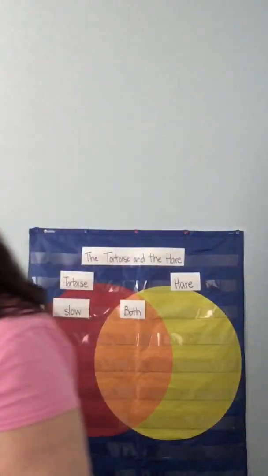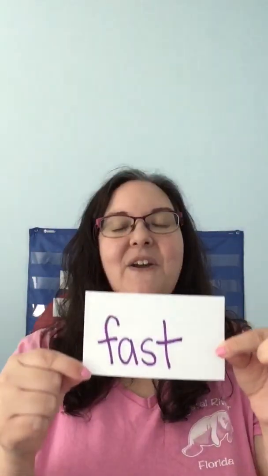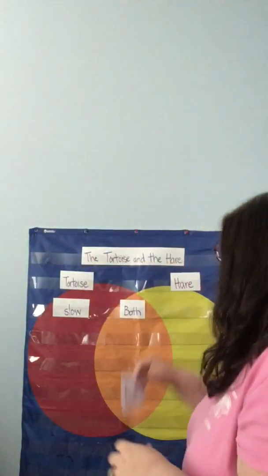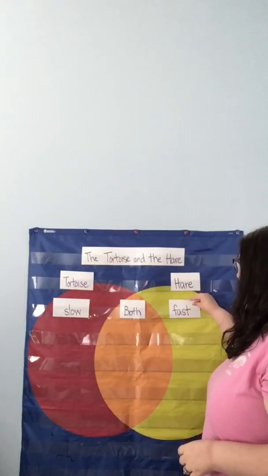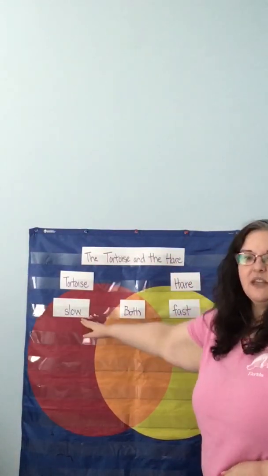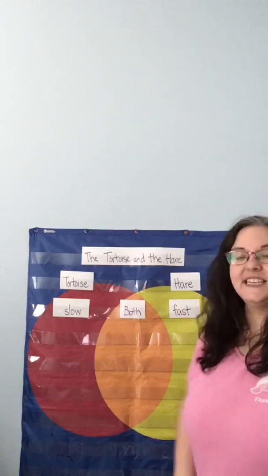Ready? Who was fast? The tortoise, the hare, or both of them? The hare. Good job. So I'm going to put it over here on the yellow one for hare. The tortoise was slow and the hare is fast. That's how they were different.